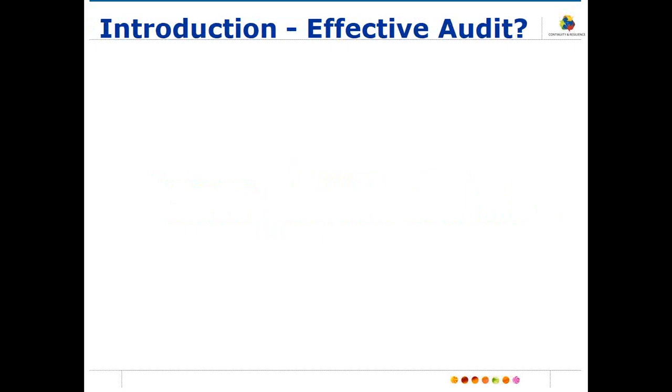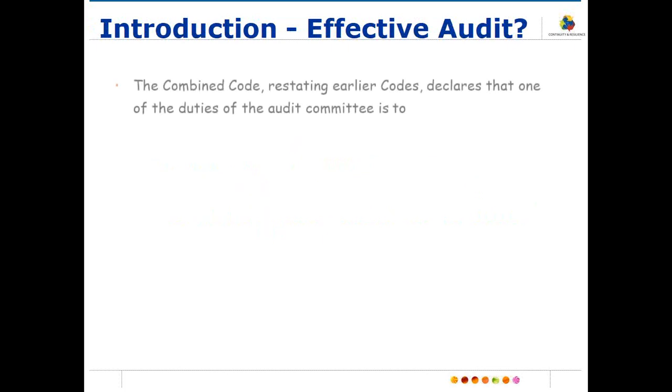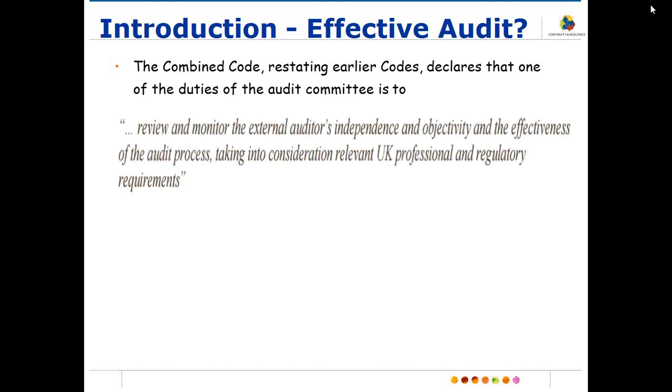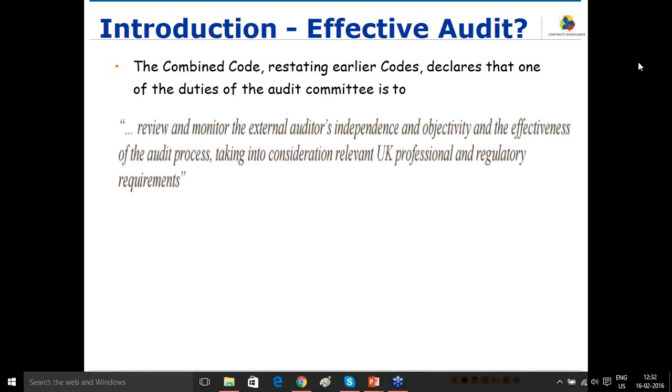So let me introduce what is effective audit. The combined code restating earlier codes declares that one of the duties of the audit committee is to review and monitor the external auditors' independence and objectivity and the effectiveness of the whole audit process, taking into consideration relevant professional and regulatory requirements.